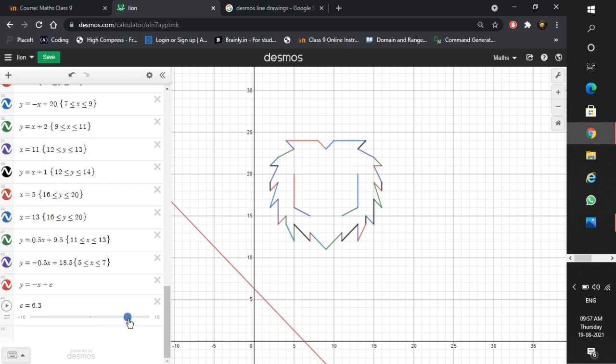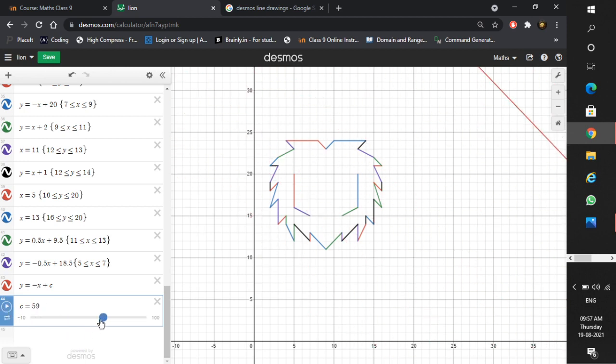This is not till 10, so you can increase this to 100. Now you can actually see what you want. You may slide it slowly. So what's the c here? 29. No, it's not 29, it should go down.